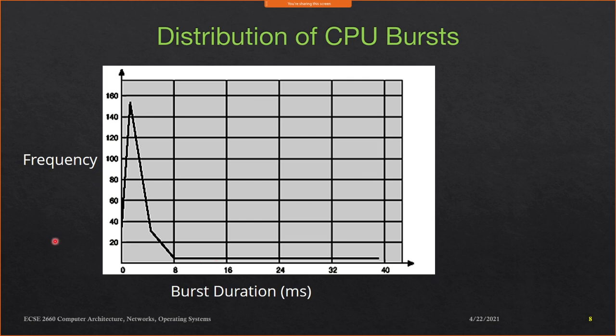There is a high number of processes for which the burst is pretty small. So lots of processes for which the burst duration is about 3 milliseconds. But as you increase that burst duration, the number of such processes drops. So the process is essentially alternating between a CPU burst and an IO burst.